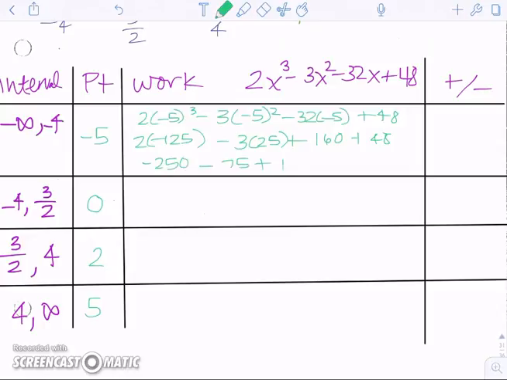Just by looking at these numbers, I can see that the negative are going to outweigh the positive, therefore that interval will be negative.